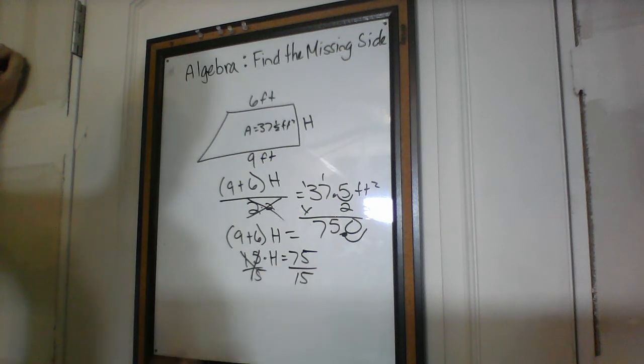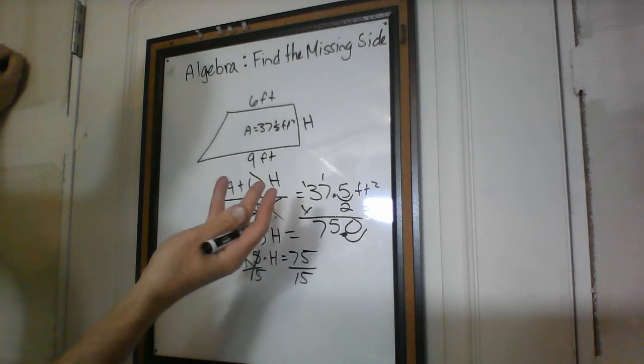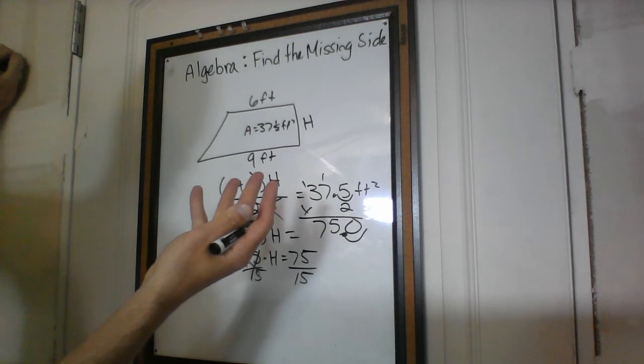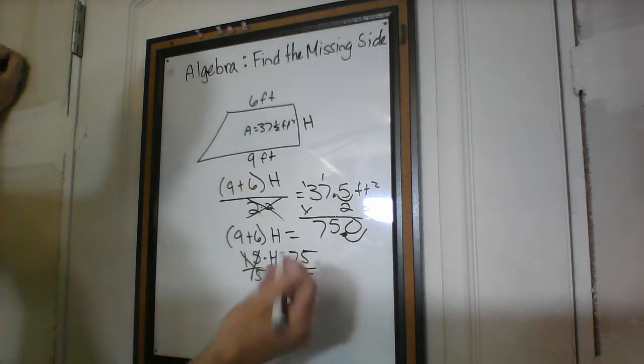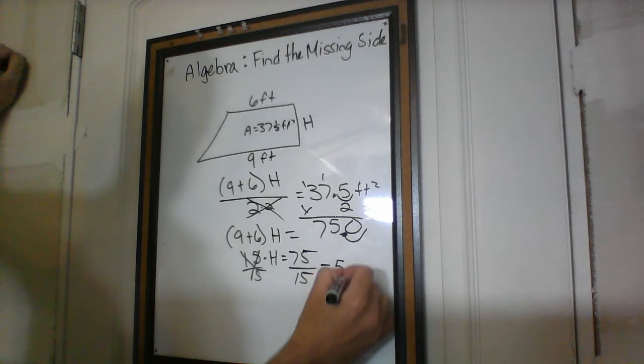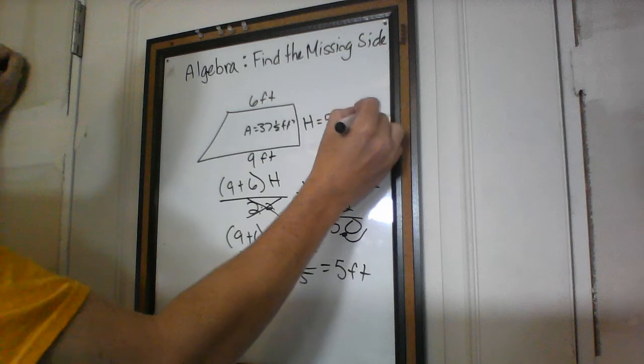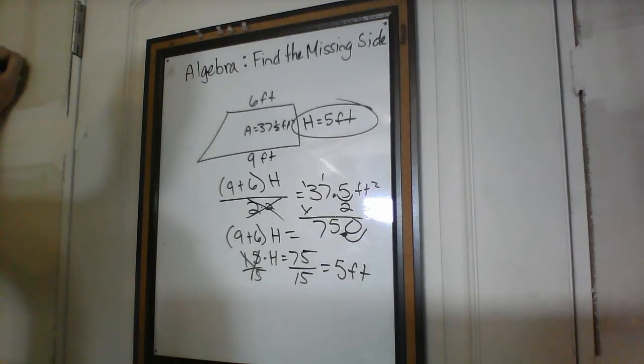Divide by 15. We have 15, 30, 45, 60, 75. So I'm not going to write it out, but I know that our height is then going to be 5 feet. So h equals 5 feet for your answer for that trapezoid.